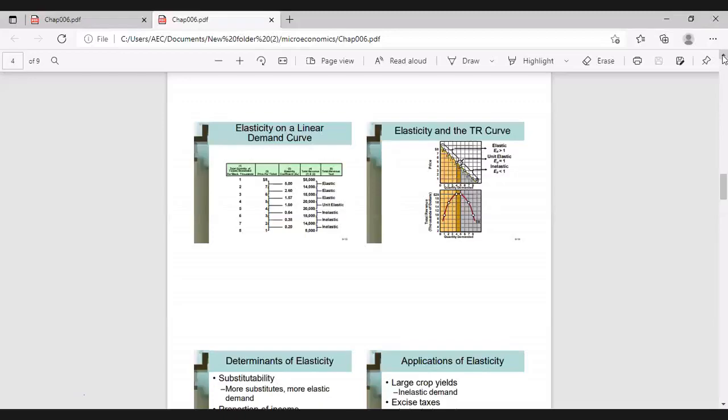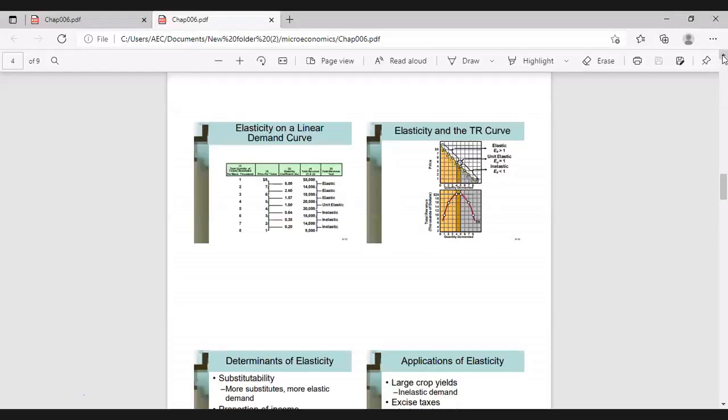So an increase of 1 unit is a 1 unit change divided by a lower quantity demanded. Then the percentage change in the quantity is high.